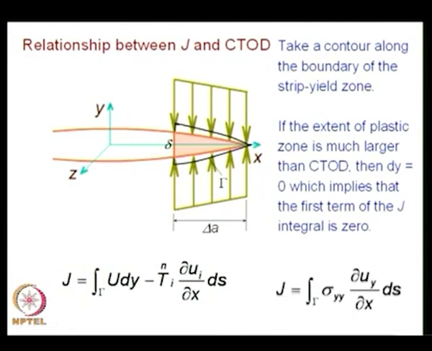And J integral simply becomes, I have traction which is nothing but sigma yy, which is compressive. So, minus of minus has become plus into dou uy divided by dou x into ds. So, this is what I have to evaluate. Mind you, this contour is very close to the crack surface.